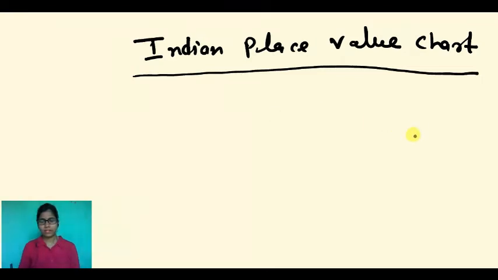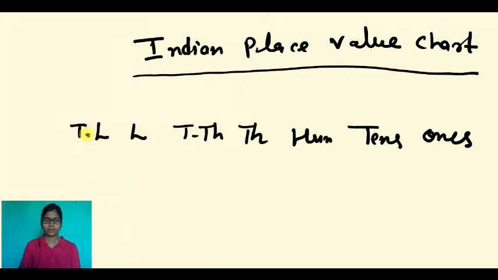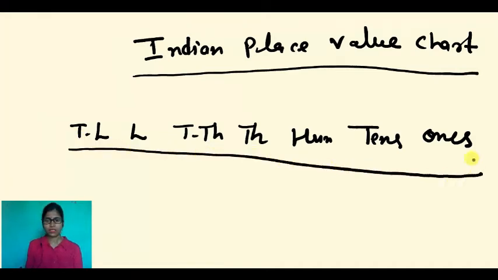The first place is ones place. Second is tens place. Third, 100. Fourth, 1000. 10,000. Lakh. 10 lakh.